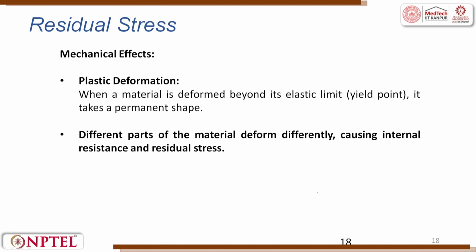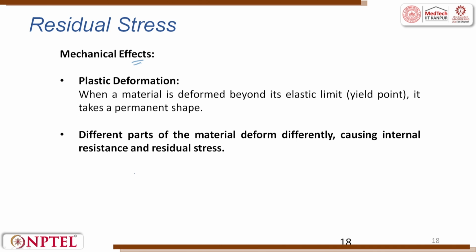You can also have residual stress getting introduced by mechanical effect. So, while plastic deformation, a material is deformed beyond its elastic limits, which takes a permanent shape. So, while doing mechanical work also, the residual stress gets built in. Different types of material deform differently, causing internal resistance and residual stress.